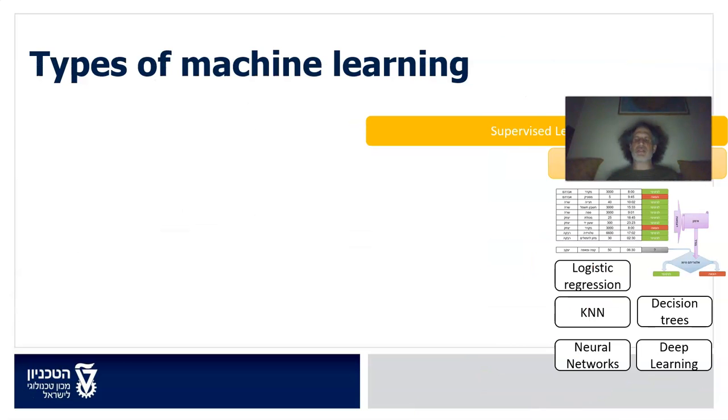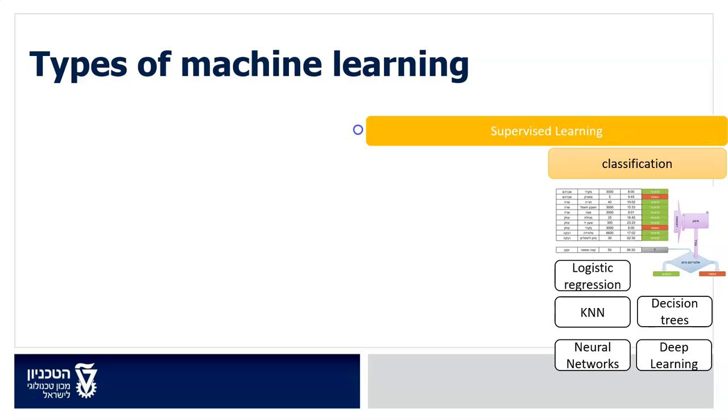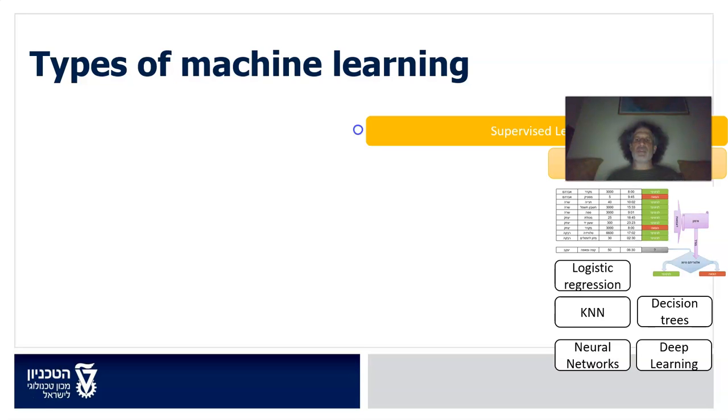Here are some examples of algorithms: logistic regression, k-nearest neighbors, decision trees, neural networks, and deep learning. These are all types of classifiers.